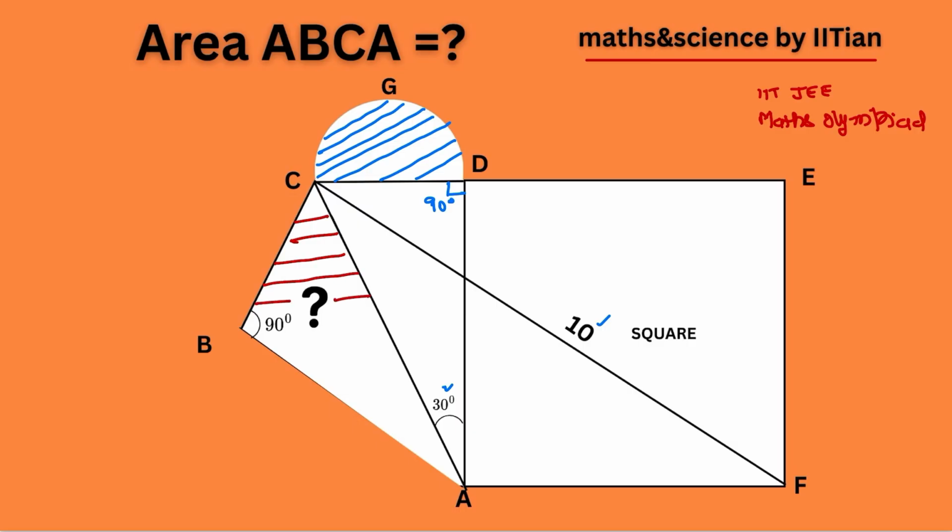Now, in this example, we are supposed to calculate the area of triangle ABC, where the angle ABC is 90 degrees. For example, if we draw a vertical from C to AF extension, this angle will also be 90, and let us say this point is H, then CH square plus AH square is equal to CA square.